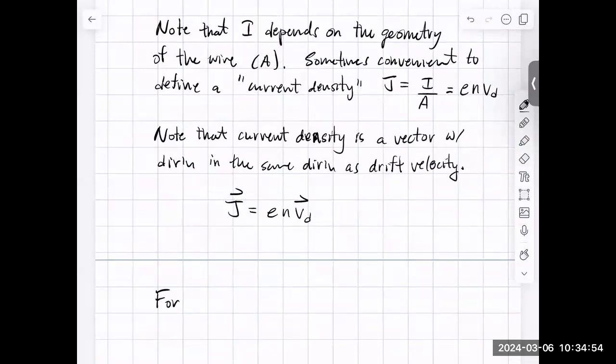So for some materials, what we're going to try to do in the last 15 minutes or so is recover our expression for Ohm's law. Ohm's law is that the voltage is proportional to the current in a conductor.